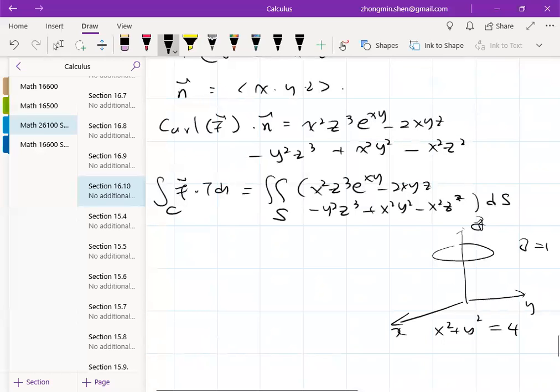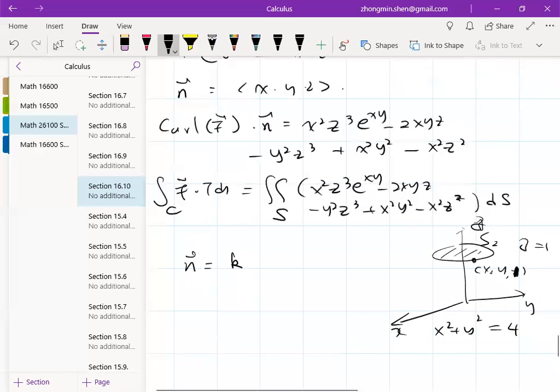So actually the points x, y, z is 1, and x, y satisfies this equation. So this surface, let's call it S2. For S2, the normal vector is going to be just k, okay?